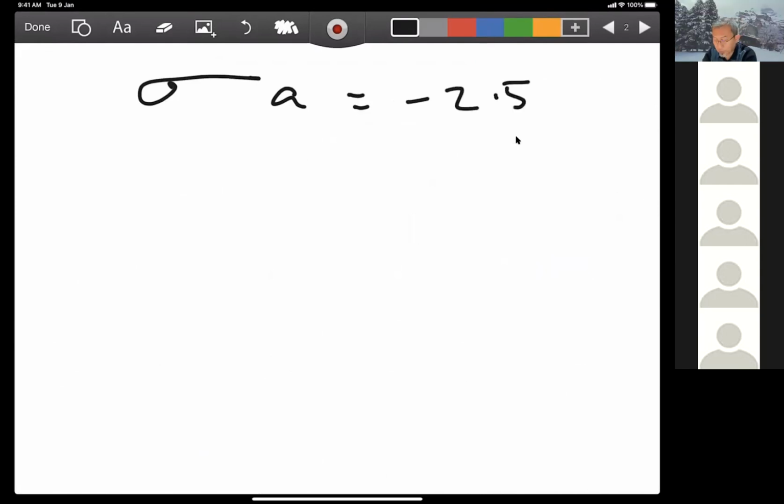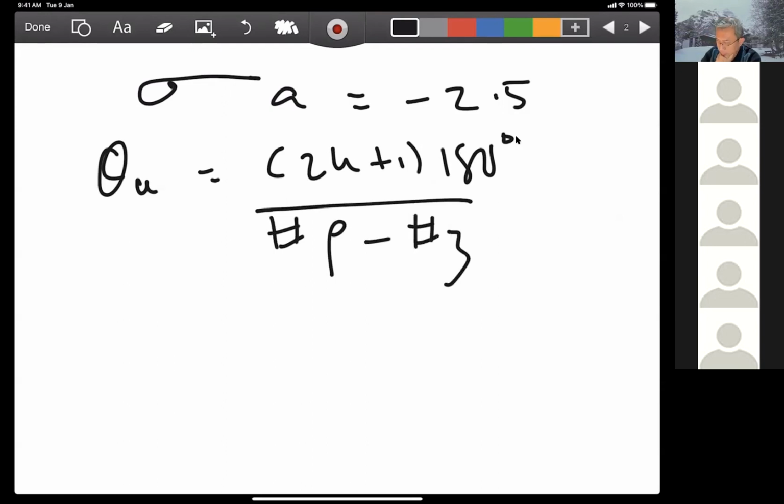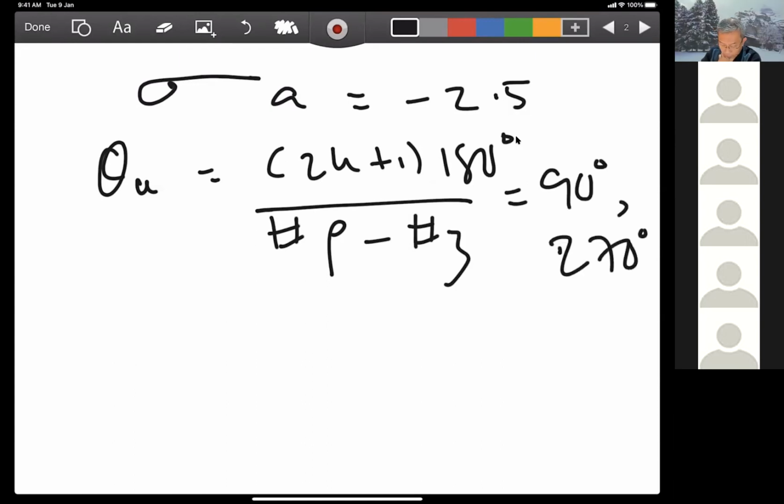And the angle of asymptote using the formula, number of poles minus number of zeros, 270°.